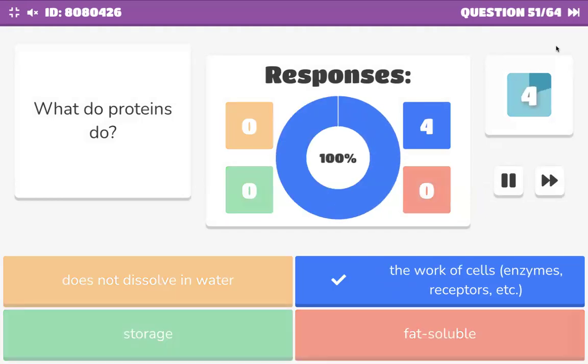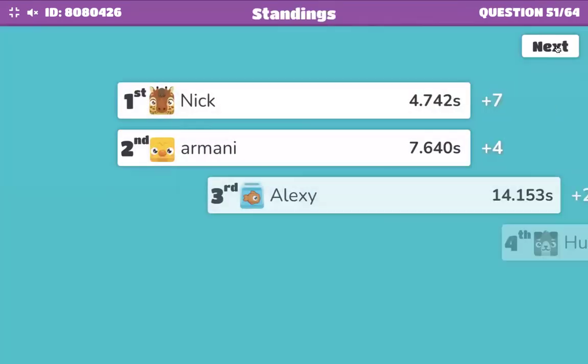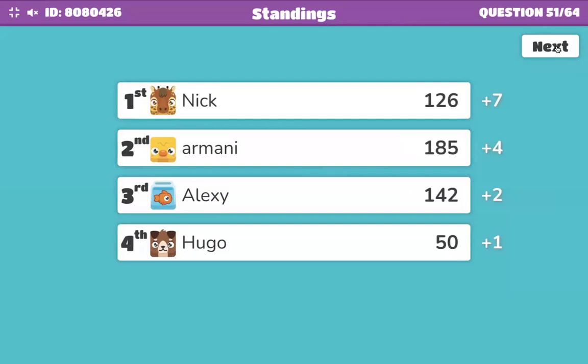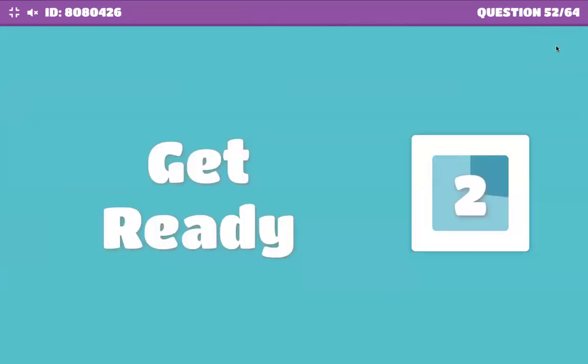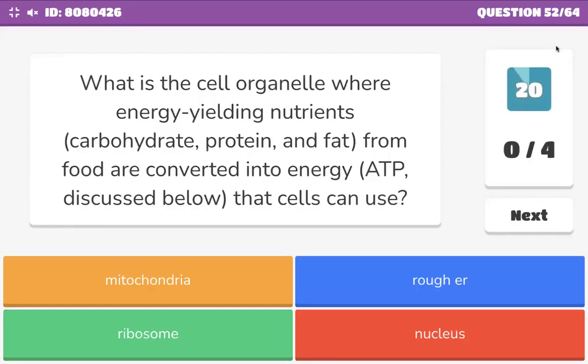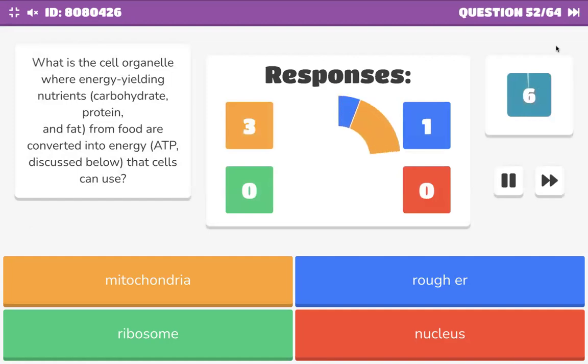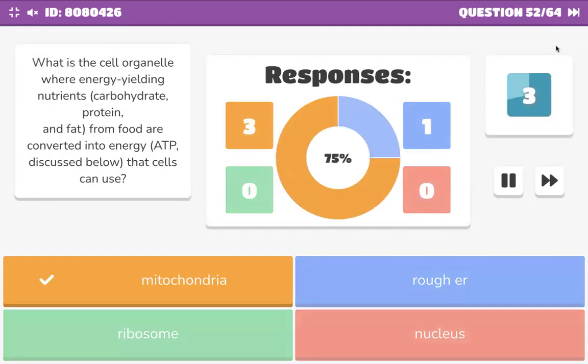The work of cells. What is the cell organelle where energy-yielding nutrients from food are converted into energy that can be used? Powerhouse of the cell, mitochondria.